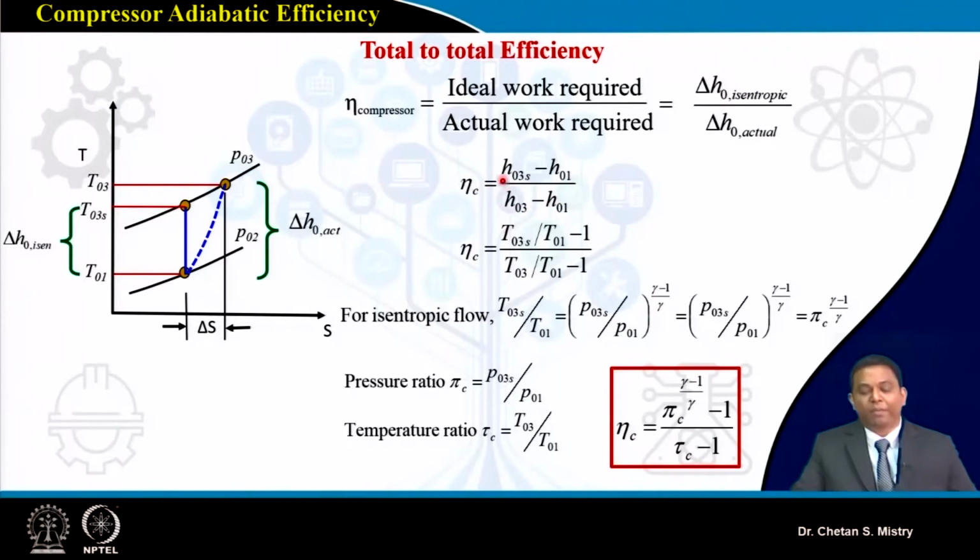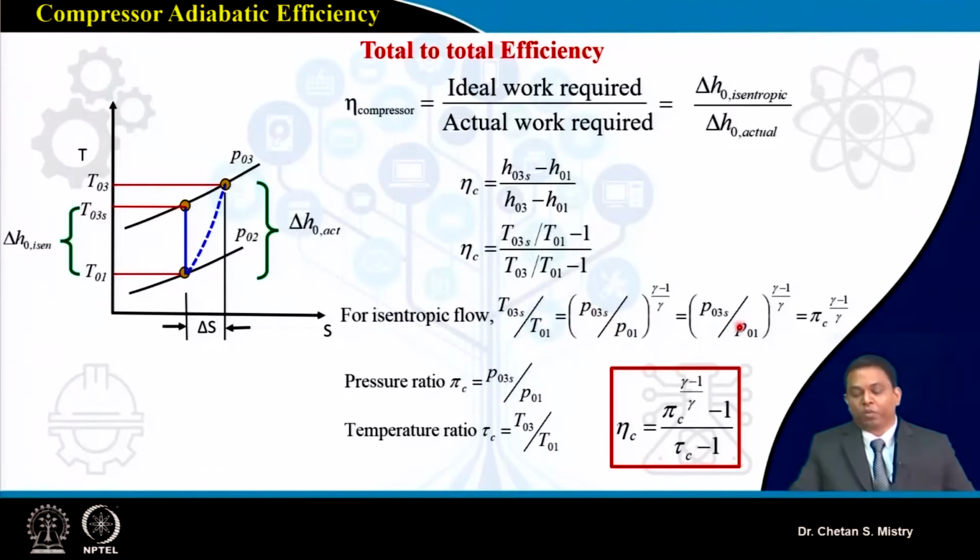If I assume my Cp to be constant, we can represent this in terms of my temperature ratio. As we have discussed, this process of compression is isentropic, so we can use our isentropic relation to calculate the temperature ratio, and correlate it using my pressure ratio.